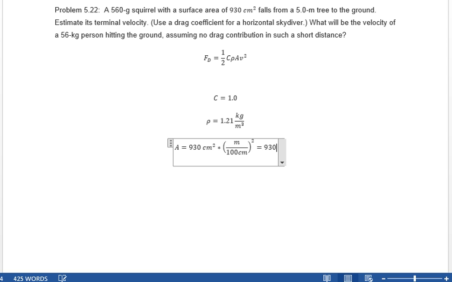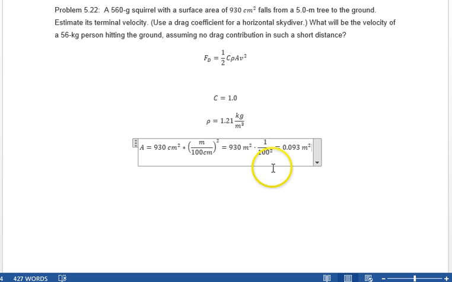So 930 times 1 over 100 squared is the conversion factor. 100 is 10 to the 2, squared is 10 to the 4, so 930 divided by 10 to the 4, move the decimal place 4 places over, 0.093 square meters is the area.